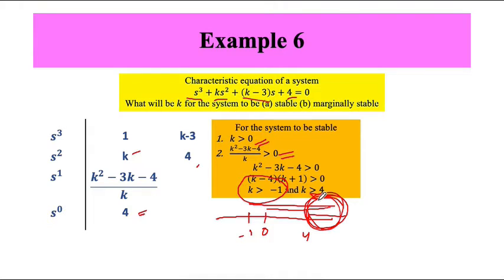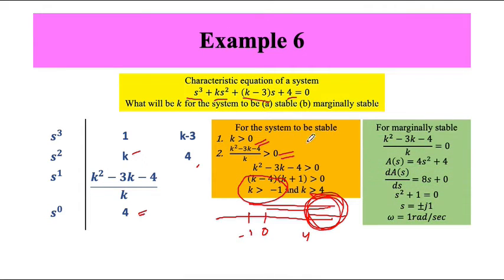The condition between minus 1 and 0 doesn't hold the first condition. So k should be greater than 4, the system will be stable. So part A is done.